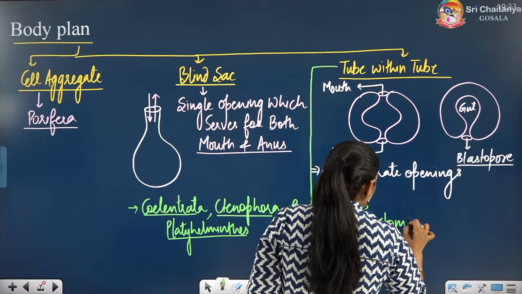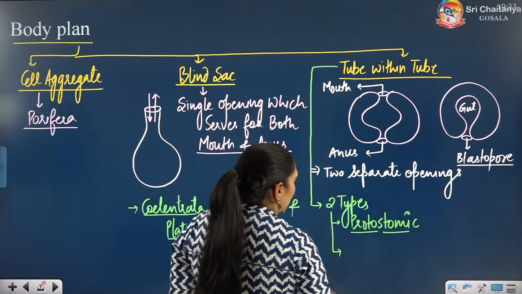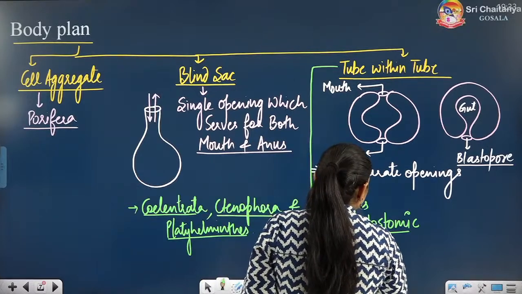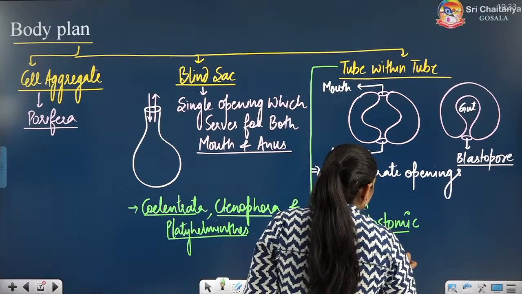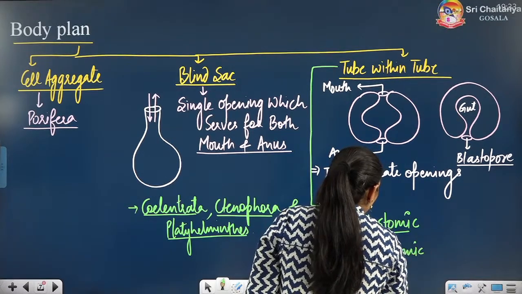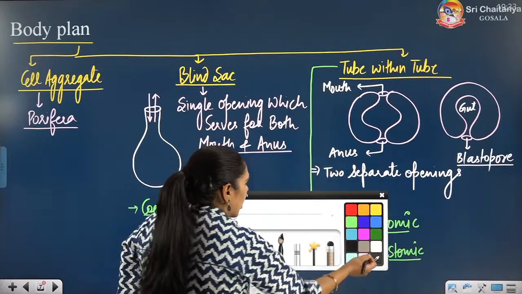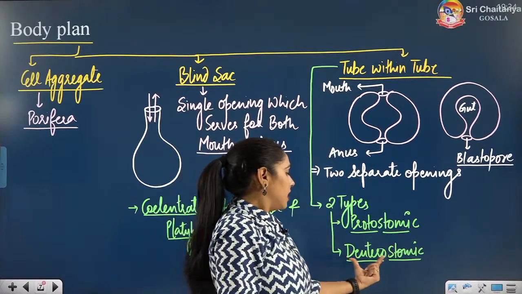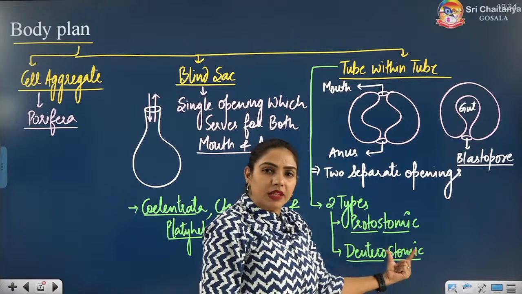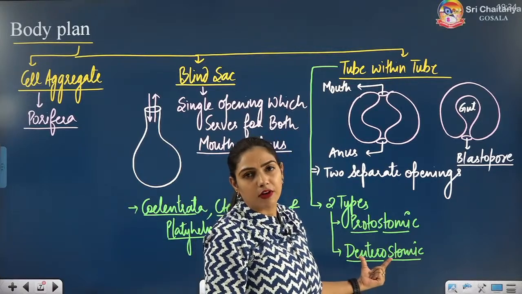Protostomic. So, please understand the meaning. Proto means first, stom means mouth. Deutero means second, and stom means mouth again. So, if the mouth is forming first, then the anus is forming later. If the mouth is forming later, that means it is forming second and the anus is forming first. Alright.